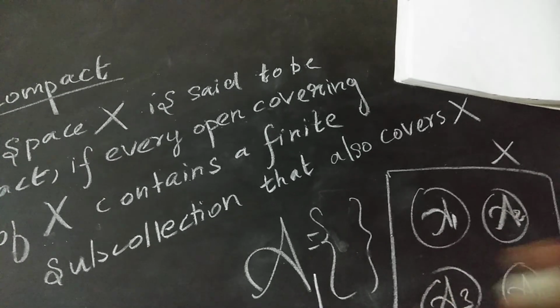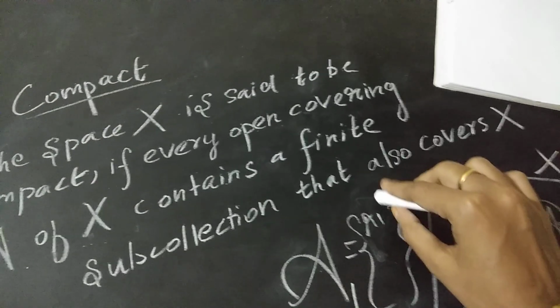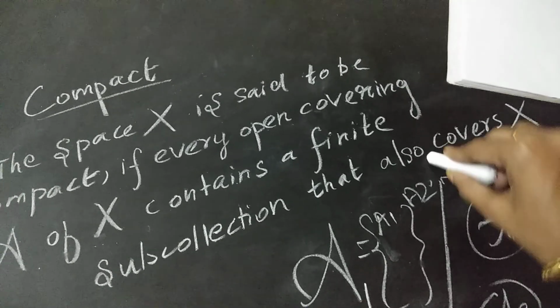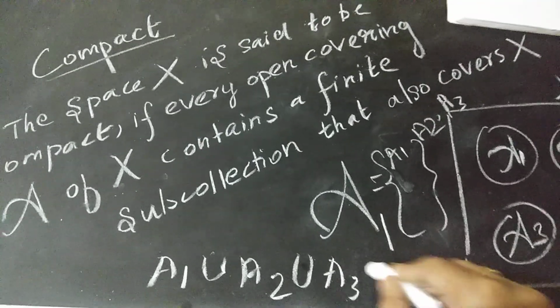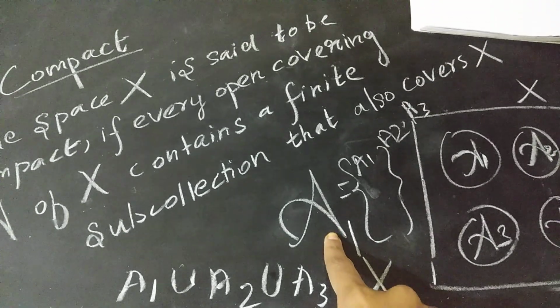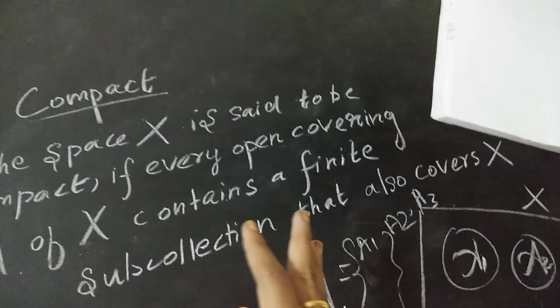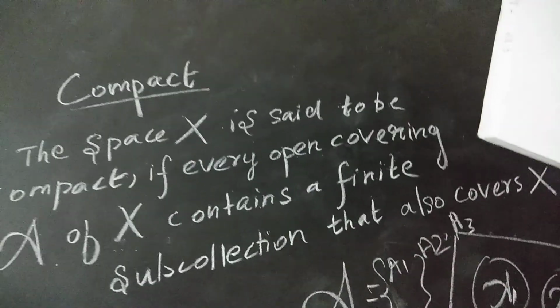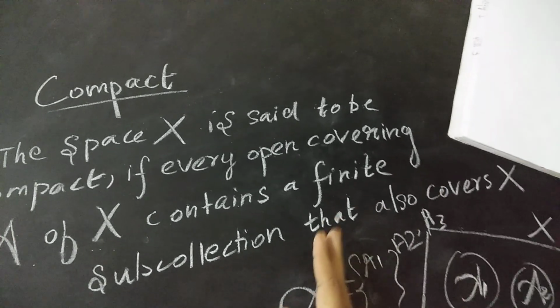If inside this covering you have subsets A1, A2, A3, then when you find the union of A1 union A2 union A3, you have to get the topological space capital X. Then you will say this is an open covering of the topological space capital X. That is the concept. This is what I come to know from this definition. I might be wrong, but this is what I understand.